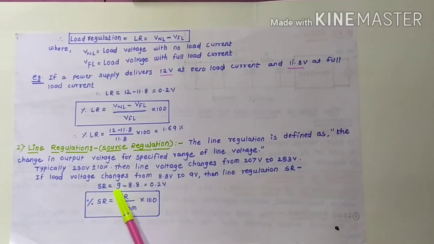Source regulation is equal to 9 minus 8.8 volt, that is 0.2 volt.